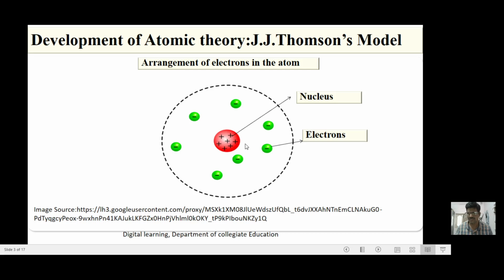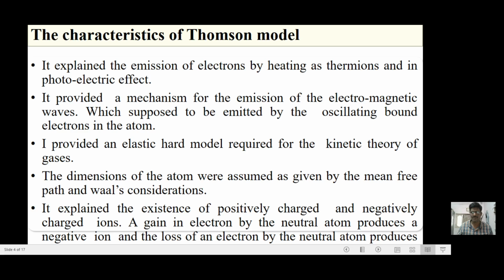The characteristics of Thomson's model: it explained the emission of electrons by heating, as in thermions, and in the photoelectric effect. It provided a mechanism for the emission of electromagnetic waves, which are supposed to be emitted by the oscillating bound electrons in the atom. It provided an elastic model required for the kinetic theory of gases.